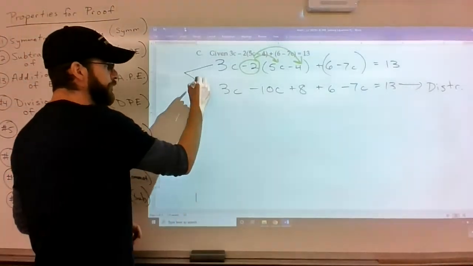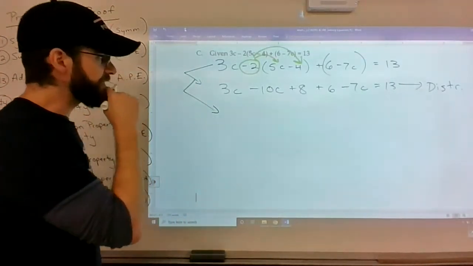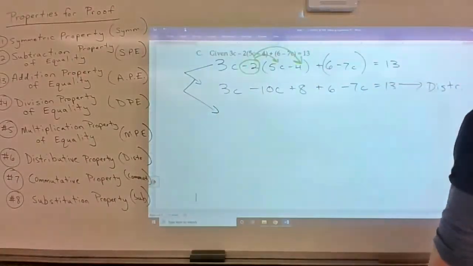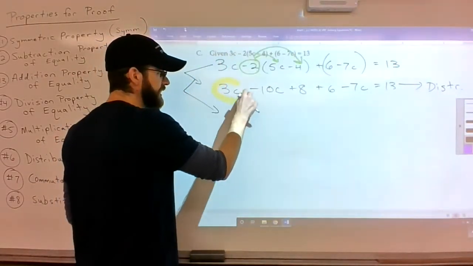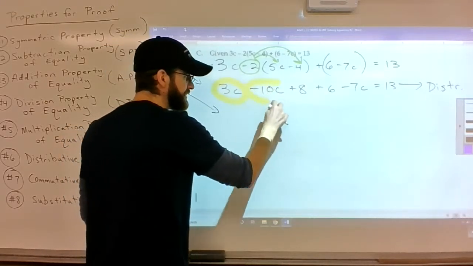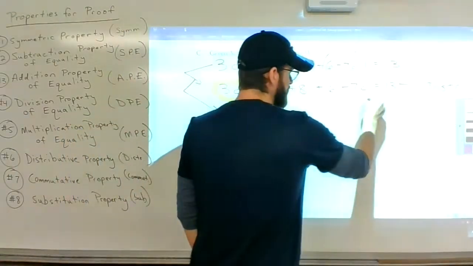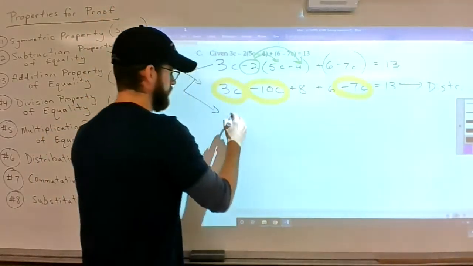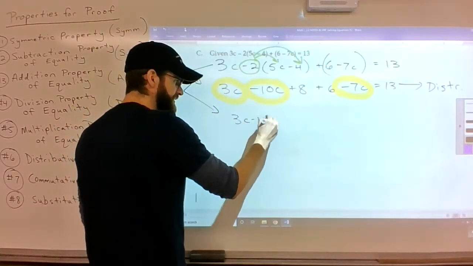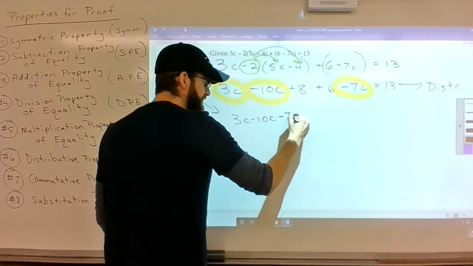All right, next move is let's move the like terms side by side. So I've got a 3c and a negative 10c and a negative 7c. I'm going to move them all side by side. 3c minus 10c minus 7c.